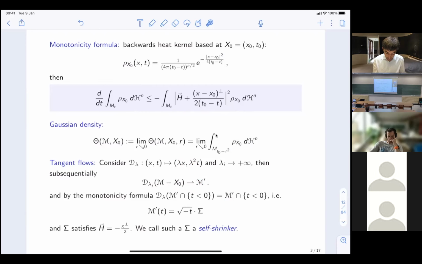That means that this flow for negative time is just always a copy of the minus 1 time slice, where you do the right parabolic scaling. I'll give a few examples in a moment. This is like saying for a minimal surface, you do a blow up and you get a minimal cone. Or the same thing if you have an Einstein manifold, you do a blow up at a point, you get a Ricci flat tangent cone. It's the same thing.